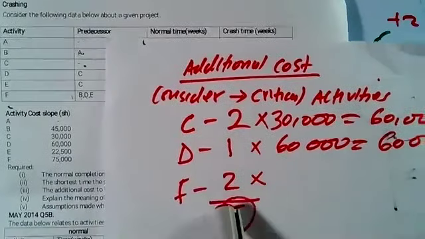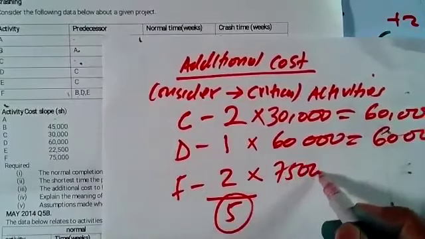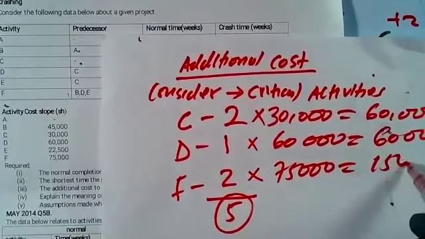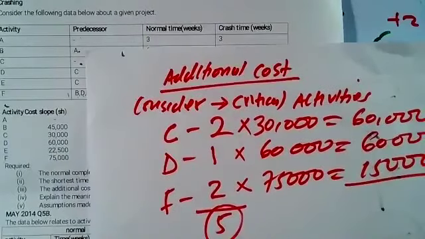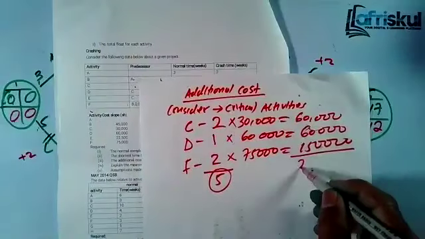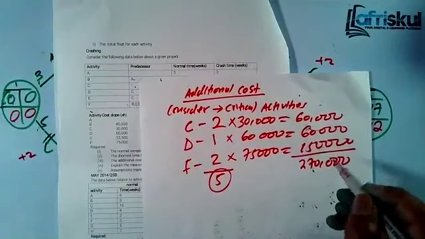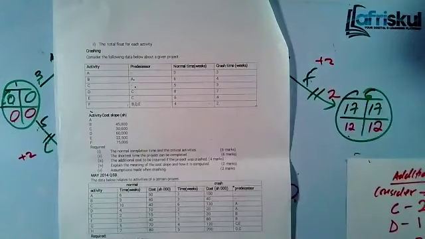In this case, we have saved 2 days, so it will be 2 times 75, and you'll get 150,000. If you add the total, you add 150, then plus 120, and you'll get 270. Now that's the extra cost incurred if you crash the project.